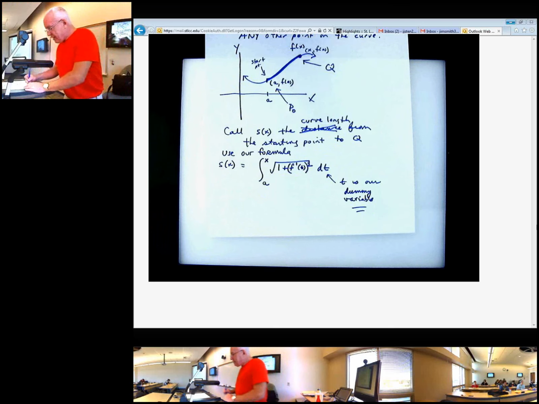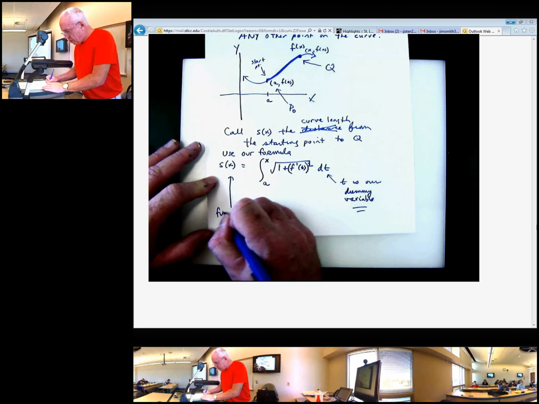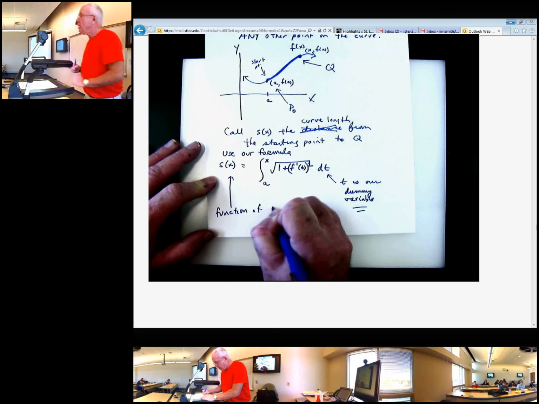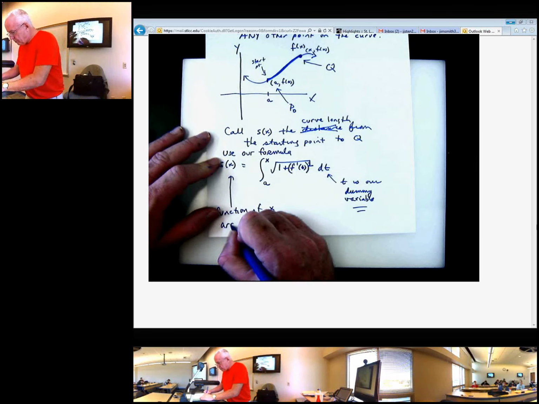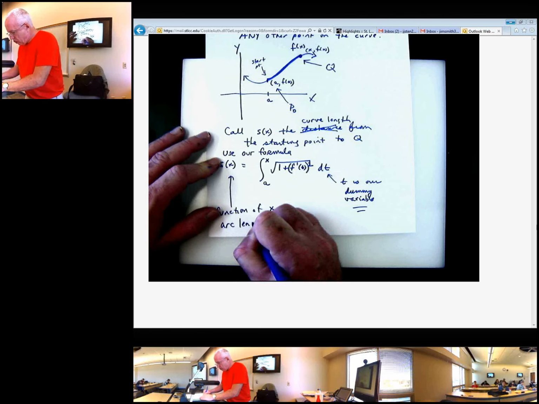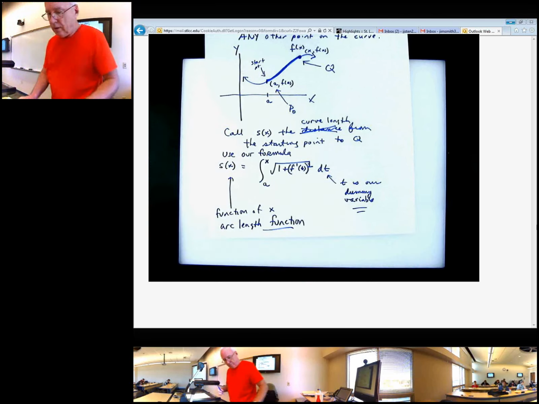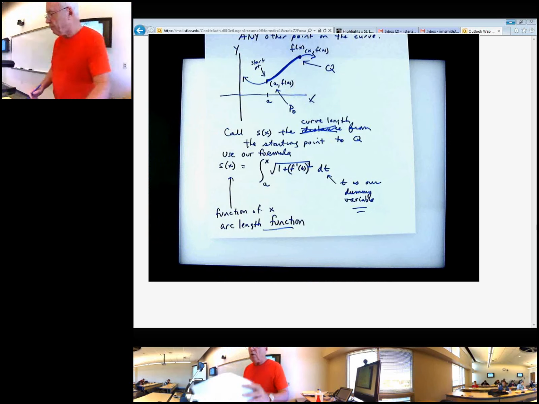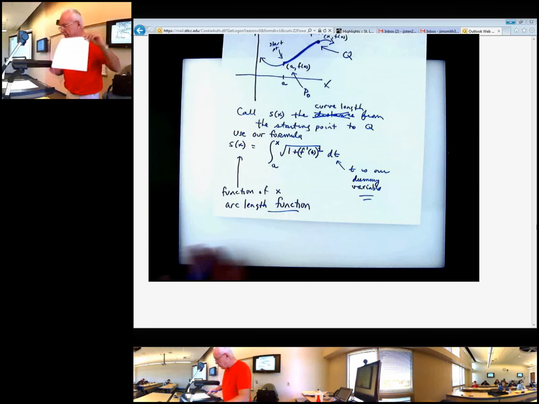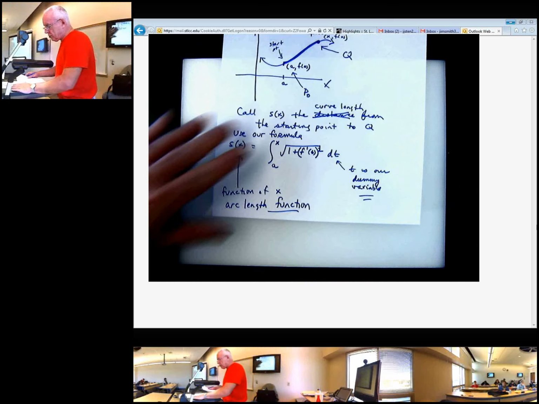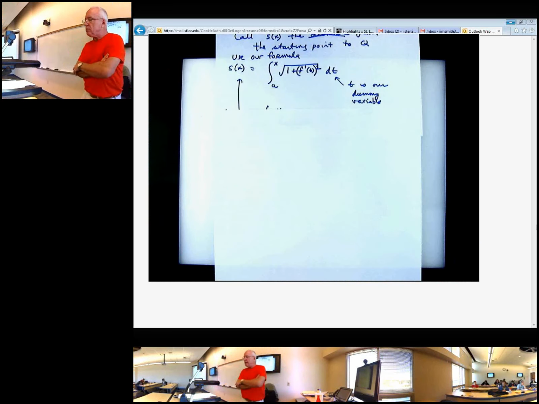Okay. This thing has a name. Notice it's a function of x, because x can vary. This is called the arc length function. All right. So before we get a break, I want to just get this other point in here. We have this arc length function, that s of x is equal to this integral.